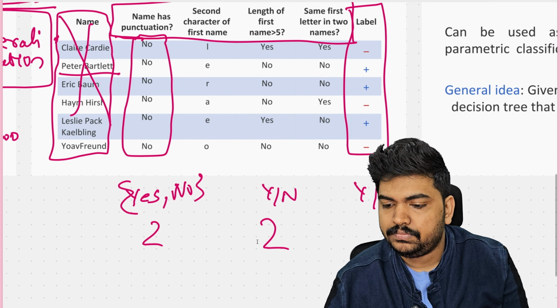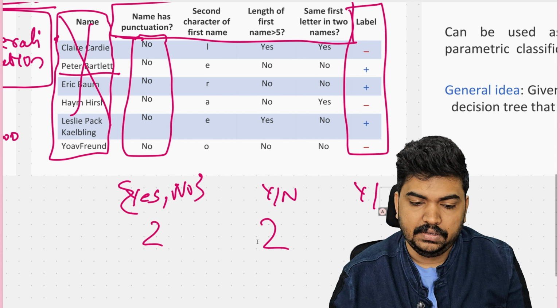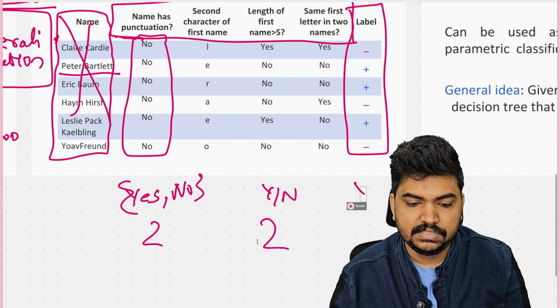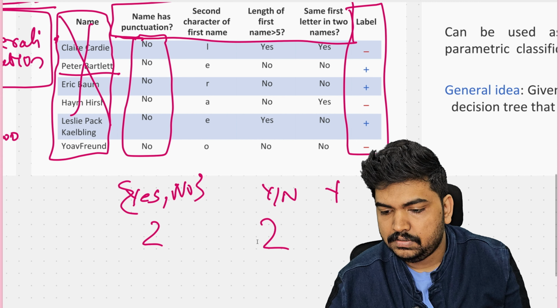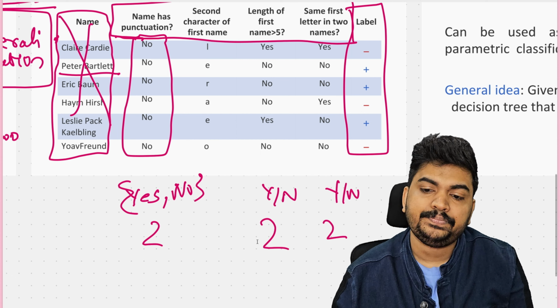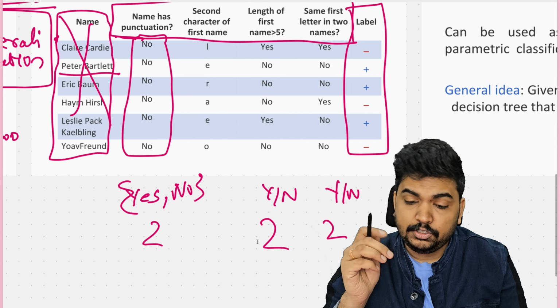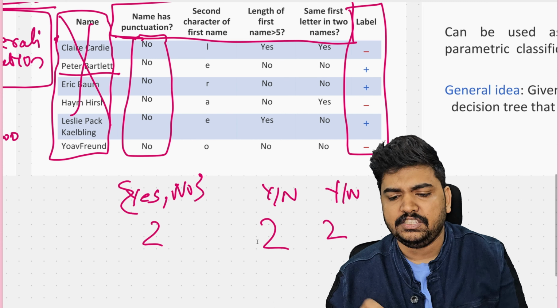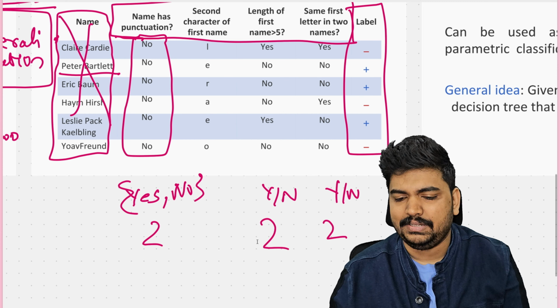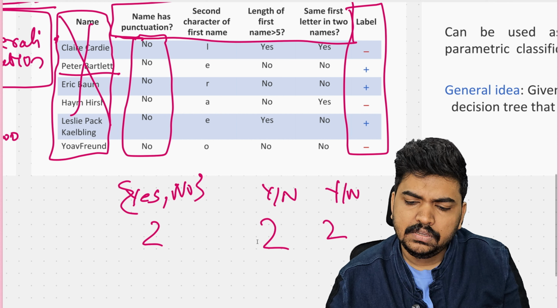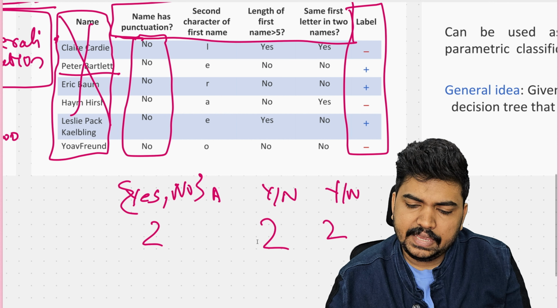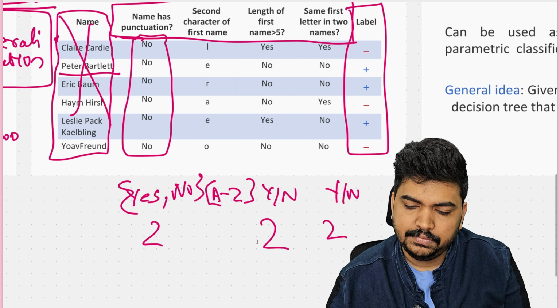The feature same first 2 letters, it's again a yes or no question, so again 2. The second character of the first name has 26 different possibilities. I am assuming case folding. The second letter generally cannot be capital, so I am assuming case folding nevertheless. So it's A to Z giving 26.